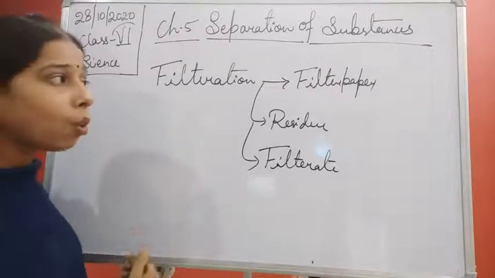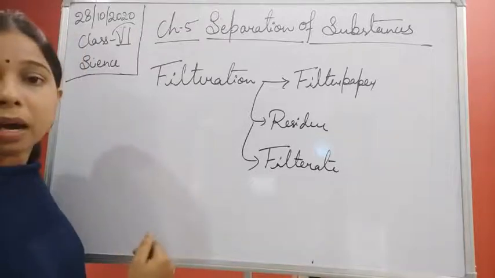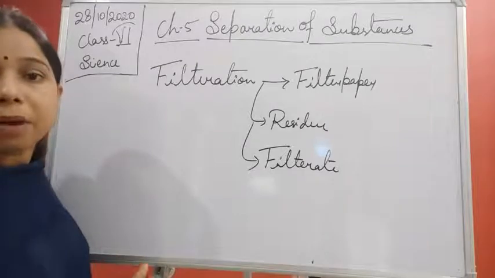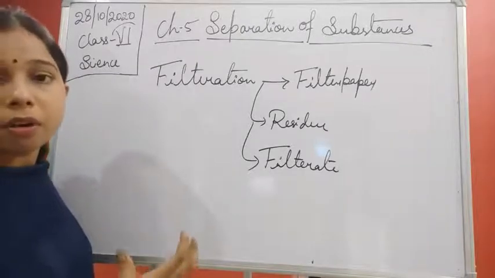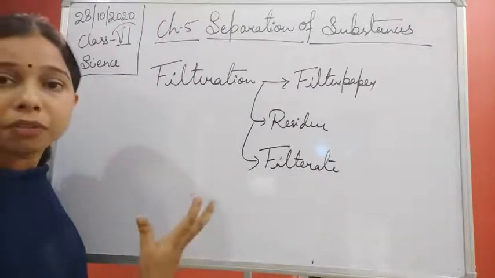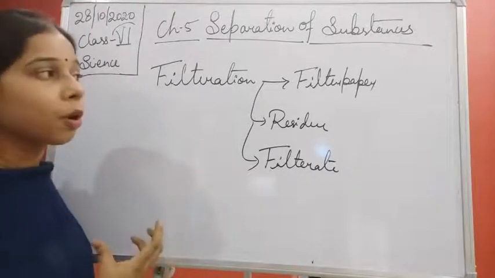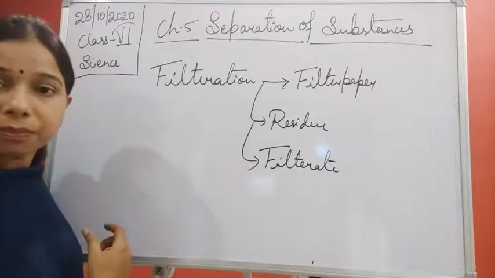So it will allow only the liquid particles to pass through it, but the solid will remain present in the form of a residue on the filter paper. So the filter paper takes part in the process of filtration.